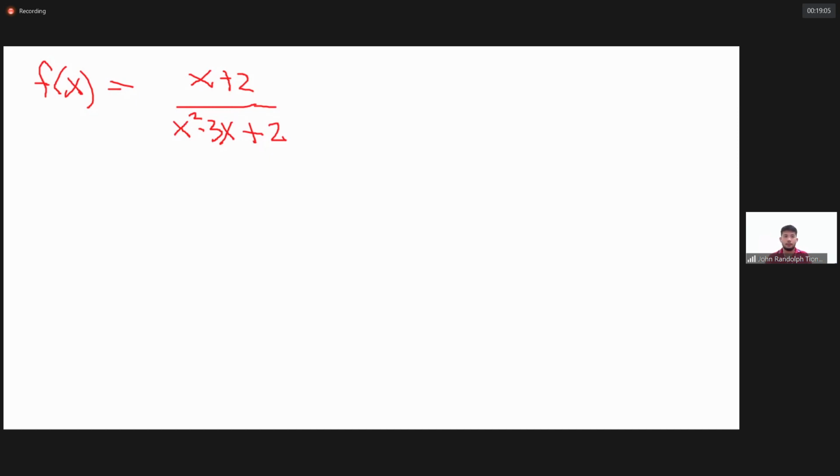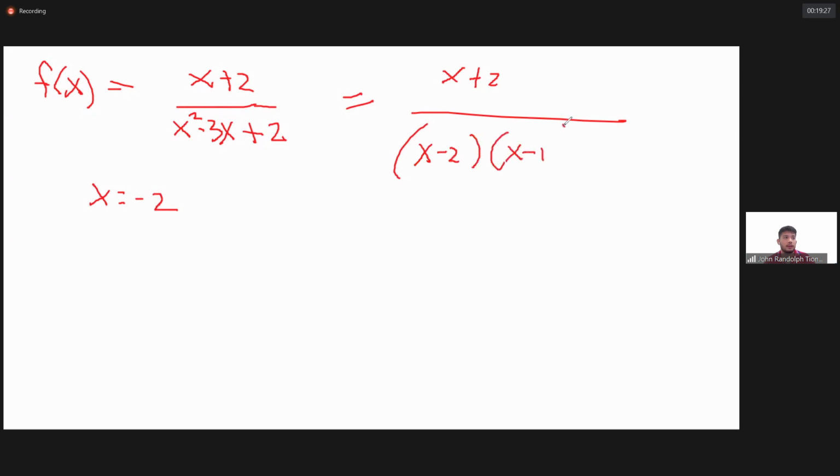Okay. So again, the answer here for number 17 is x equals negative 2. So ano nga ba yung factors dito? X plus 2 sa taas, di ba? Then sa baba, ano yung factors dito? X minus 2, x minus 1.